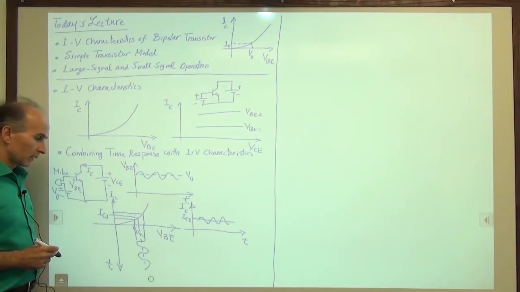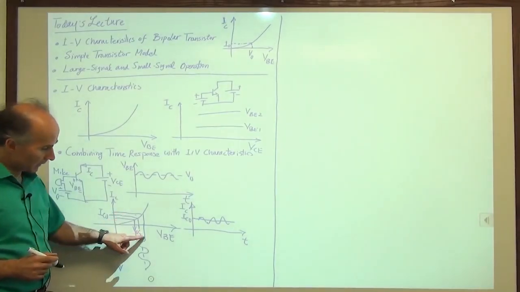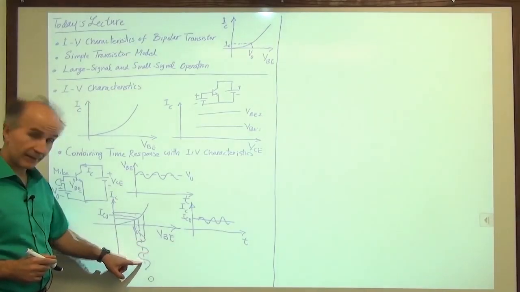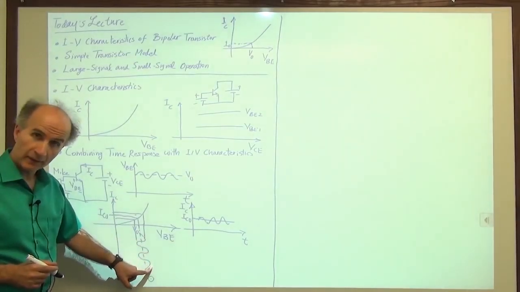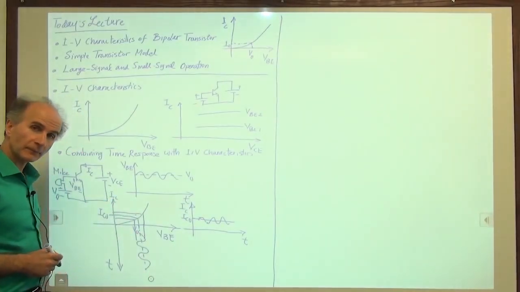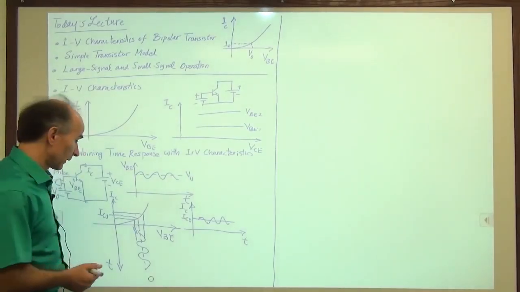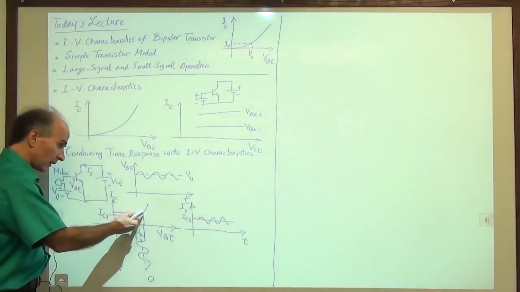All right, one last question about this before we move on. If this microphone signal is a sinusoid, is this a sinusoid? Well, no, not necessarily. You can see that we have a nonlinear function here.